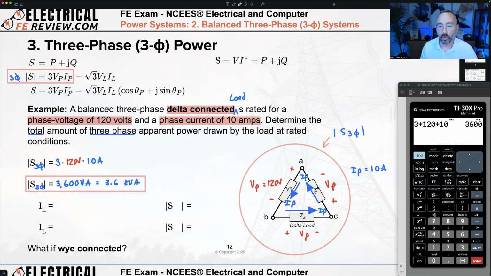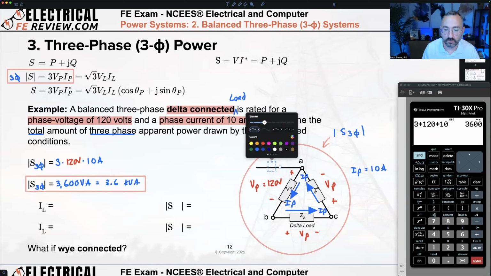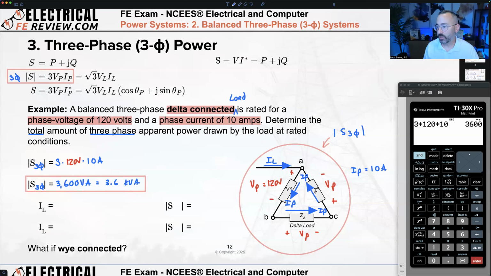What's another way to do it? What if I converted my phase current to line current? Here's my A phase conductor. How would I solve for the line current traveling on this conductor? For a delta connection, line current is bigger by a factor of the square root of 3 times the phase current.